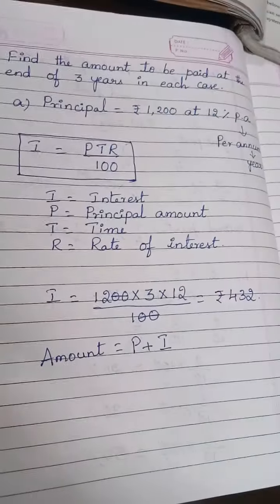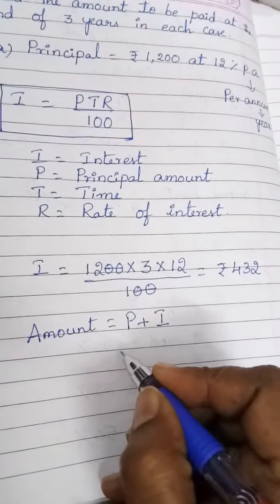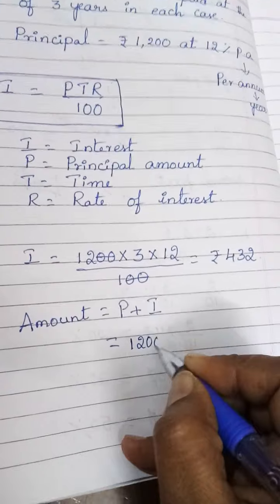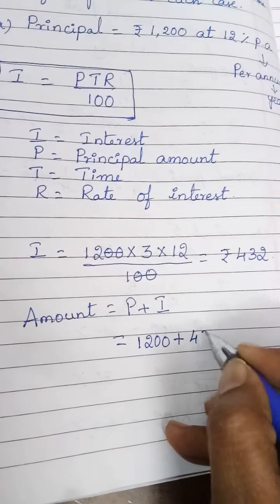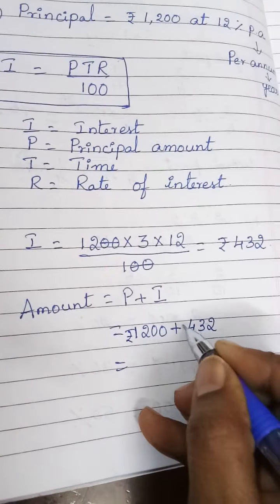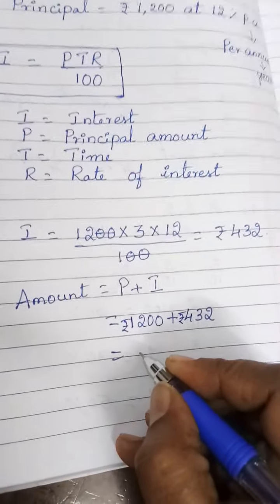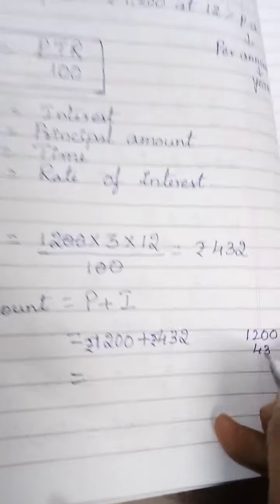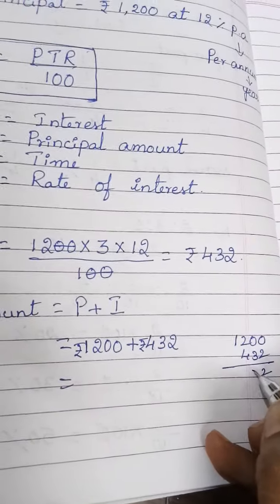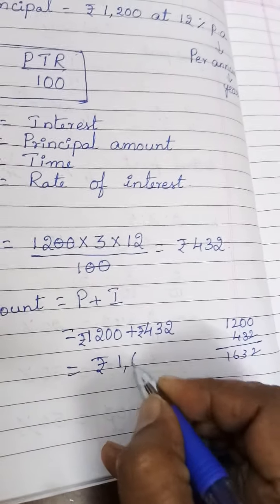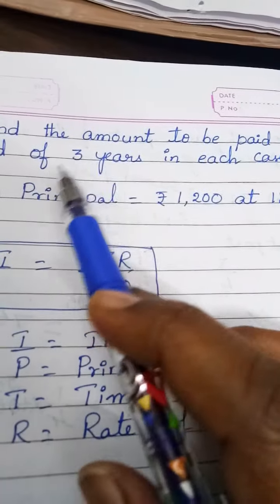So the principal amount is 1200 plus interest is 432 rupees. Just calculate 1200 and 432: 2, 3, 6 and 1. That is rupees 1632 to be paid at the end of 3 years.